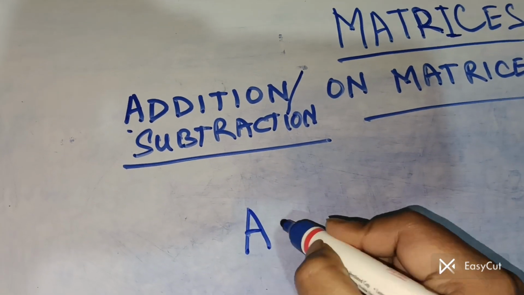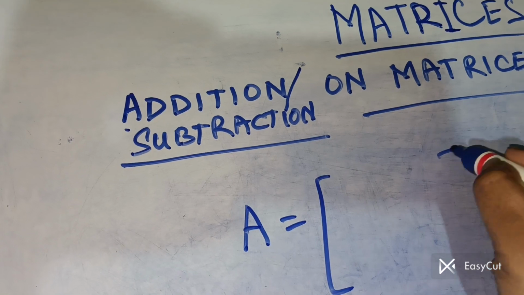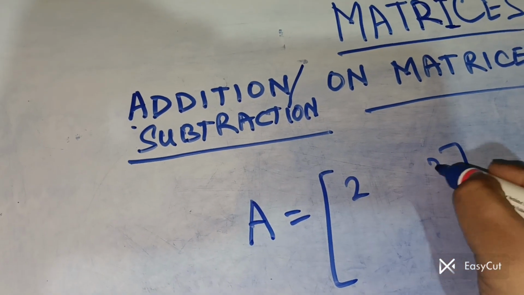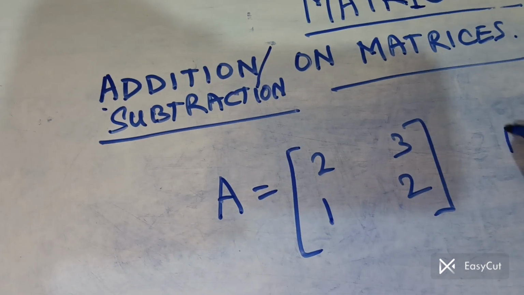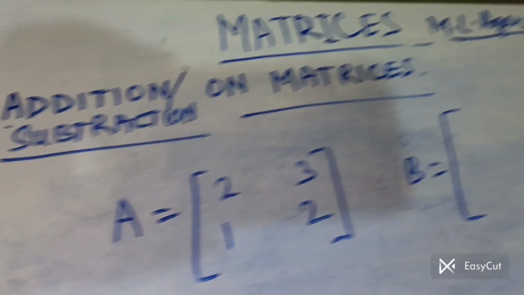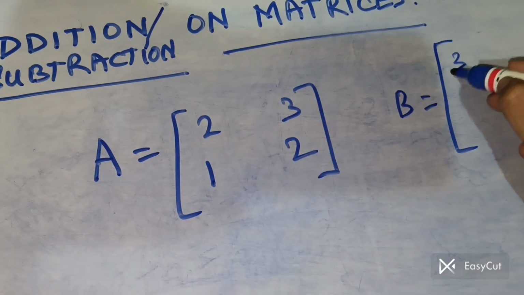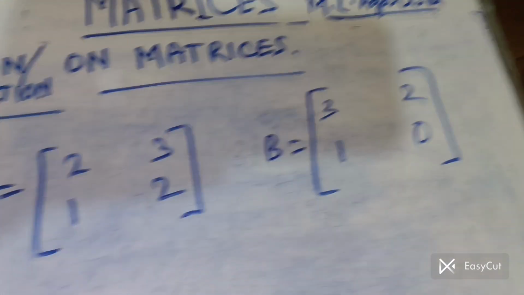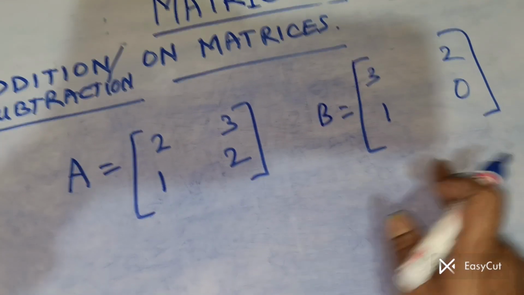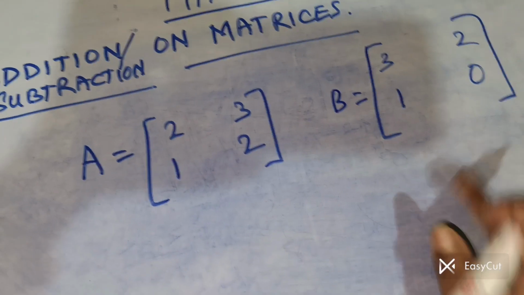Like if A equals, suppose we are given a matrix, 2 3 1 2. B equals 3 2 1 0. See here both of them have the same order, 2 by 2 matrices. Then we can add them.